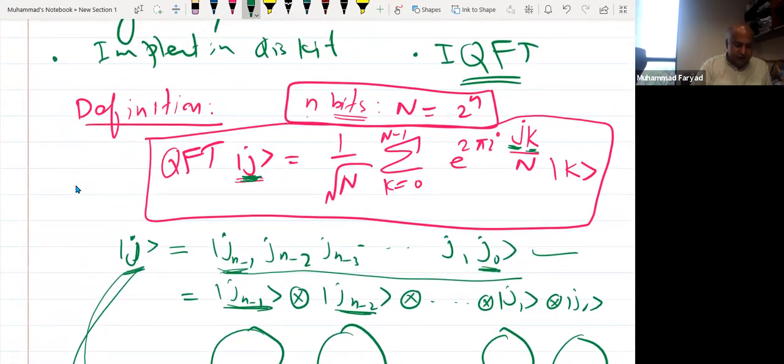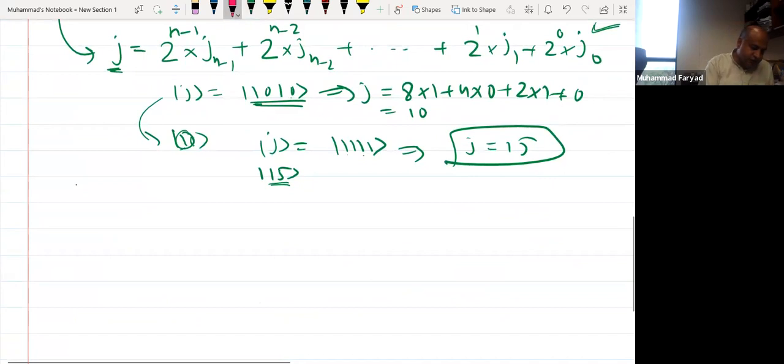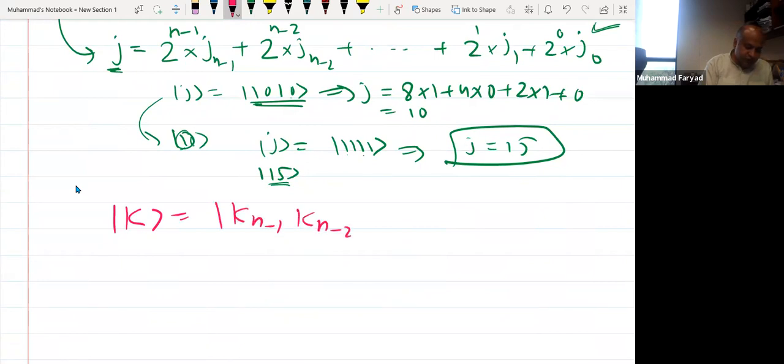Similarly, this number k and this state |k⟩ is defined like this. So k is, just like j, a shorthand for k_{n-1}, k_{n-2}, k_{n-3}, all the way to k_1, k_0.